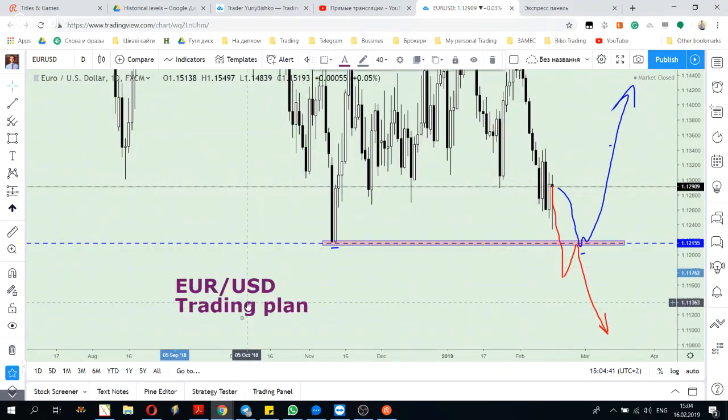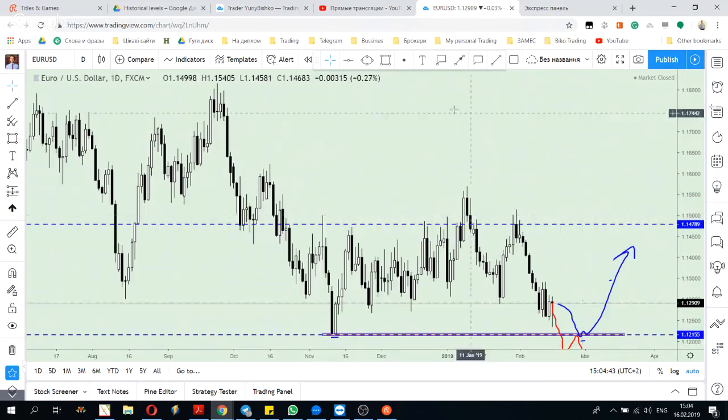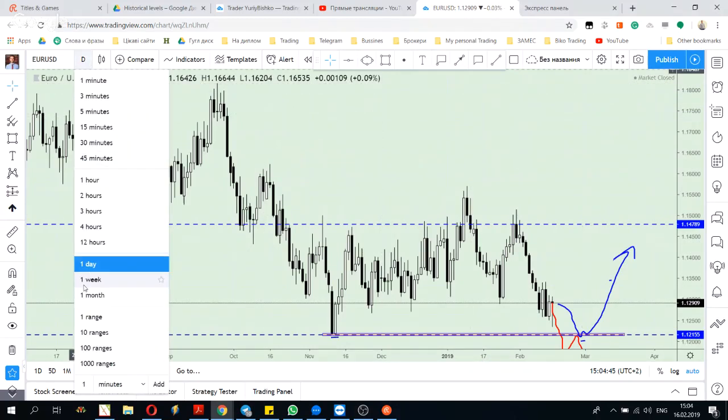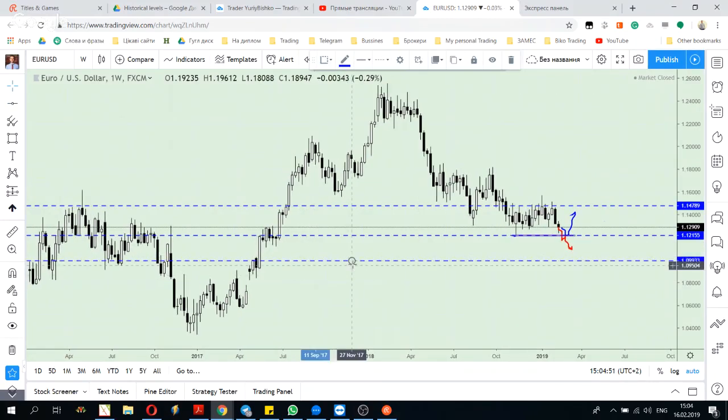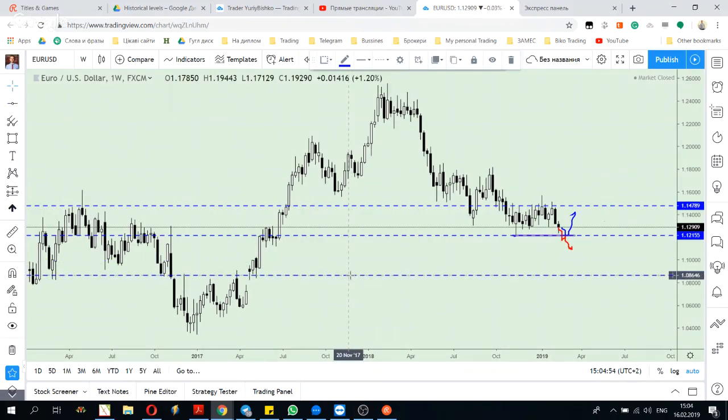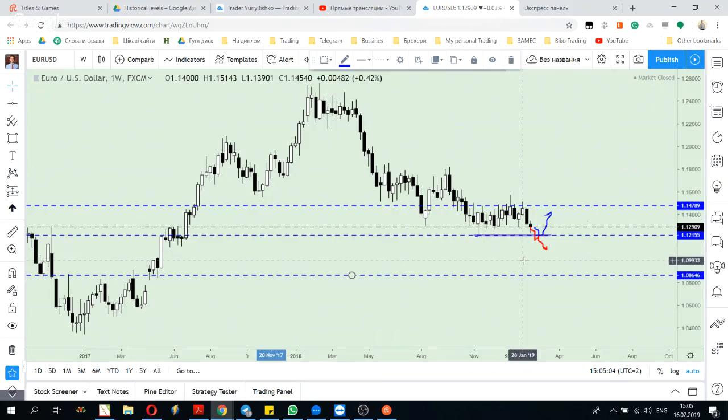If the price on Euro USD moves down, there is a big chance that price can move down to this long-term level, 1.08648. Really big chance.